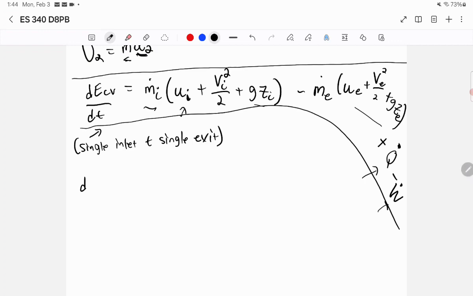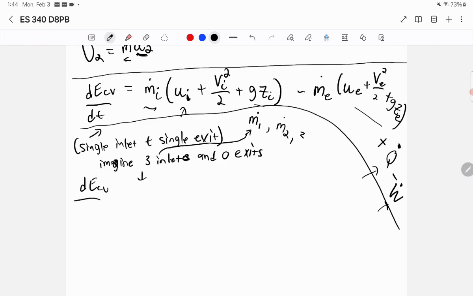Now, I said this was a single inlet, single outlet problem, but imagine 3 inlets and 0 exits. Then my equation would look something like this: 3 inlets, m1 dot, m2 dot, and m3 dot.